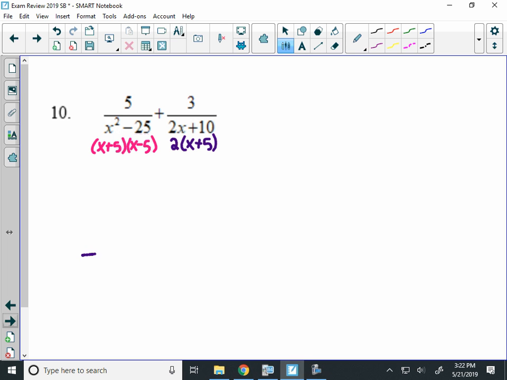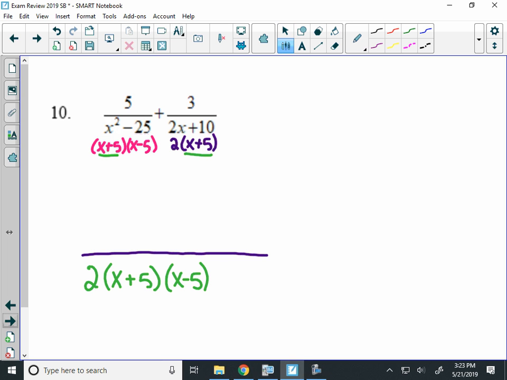Now, when I find my common denominator, I need a little bit that's in common from both. Notice that they both have an x plus 5. So I'm going to have x plus 5 in my common denominator. The fraction on the left also has an x minus 5, so I have to include x minus 5 in my common denominator. The fraction on the right has a 2, so I need to include 2 in my common denominator.